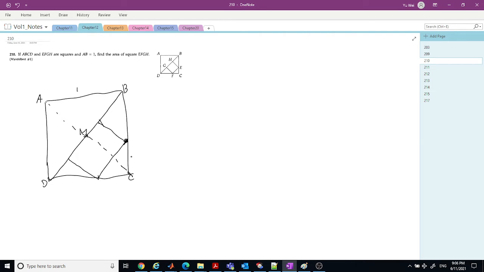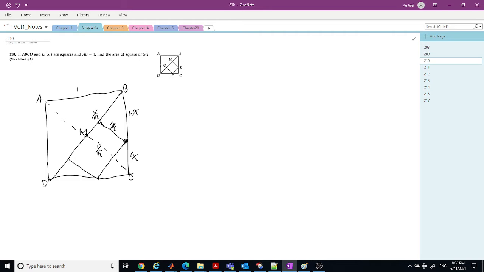Then let's assume this is x, and this will be 1 minus x, because the side length is 1. So this is 1 over root 2, and this one is also 1 over root 2.